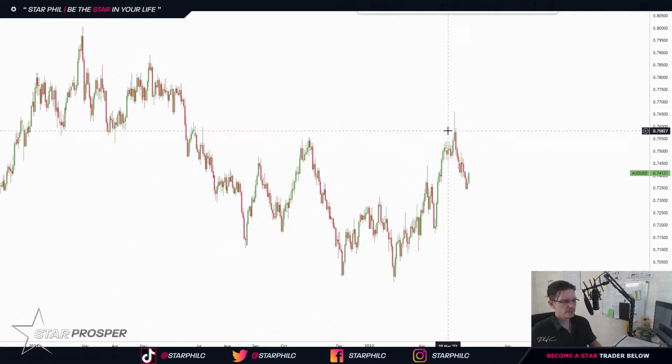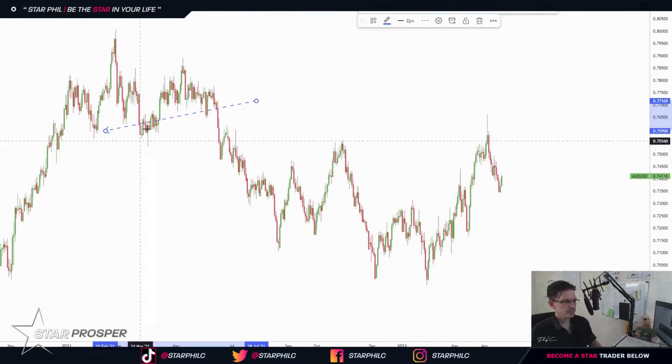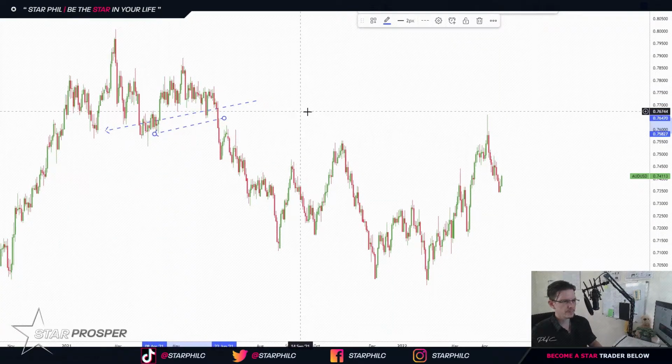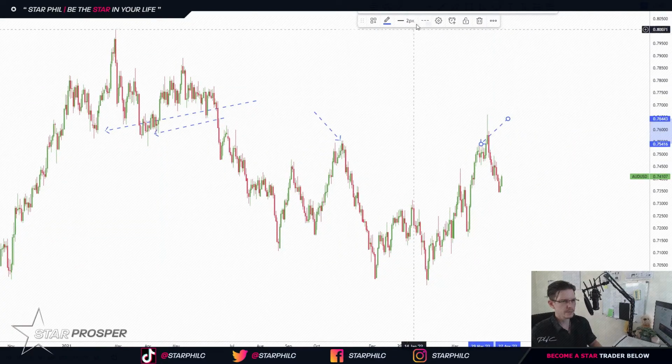We're on the daily time frame, and you can clearly see just by looking at this that we have structure already right here in front of us. Okay.